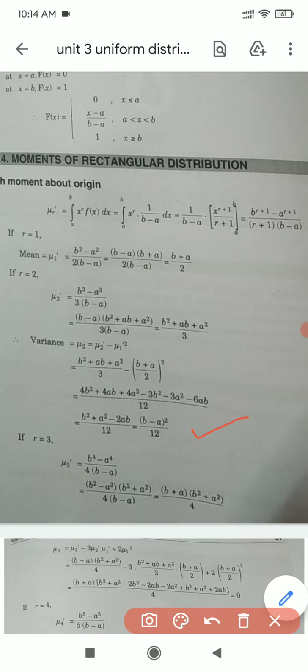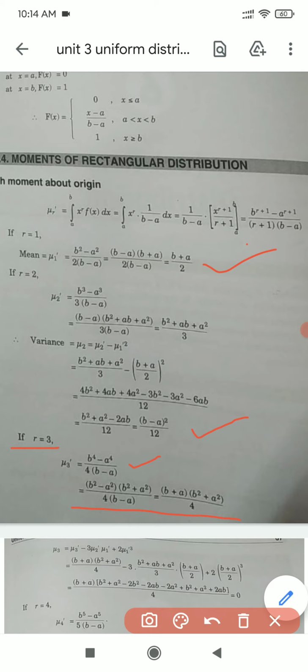After that, students, you will be having mu3 dash also. The main things are mean and variance. Just remember how to calculate them, students. After that we can calculate r is equal to 3. If we put r is equal to 3, you will get b power 4 minus a power 4. b power 4 minus a power 4 is b square minus a square into b square plus a square.